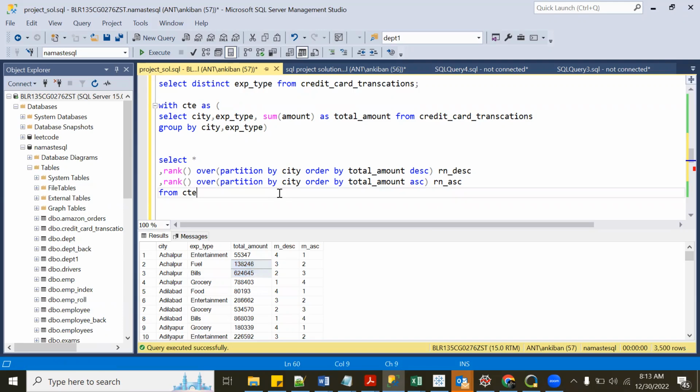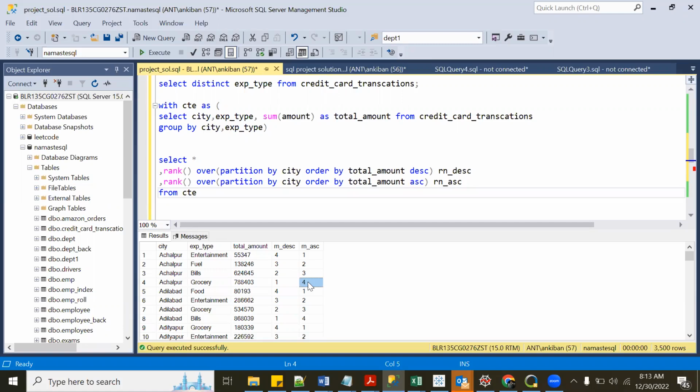So what could be the question where we are going to use dense rank? That's what I'm saying. Let's say these two were the same amount for fuel and bill, then what rank will I get? I will get 1, 2, 2, and then 3 here, in case of dense rank.